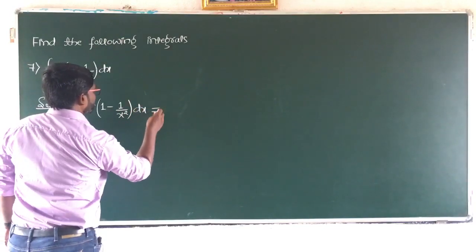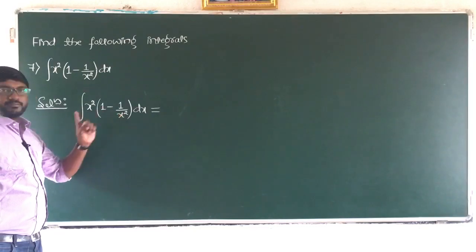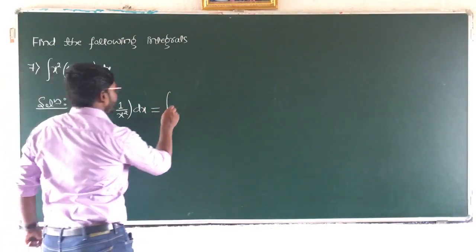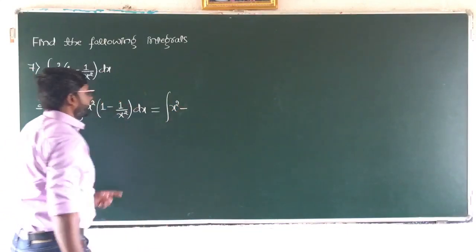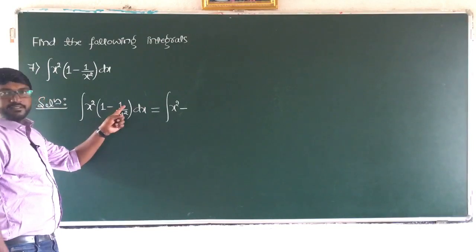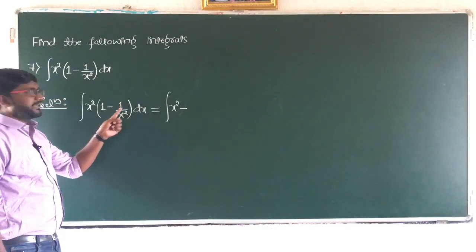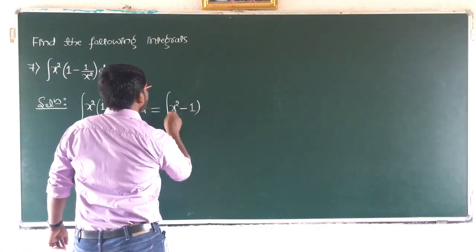Now multiply x square with these two terms. Integral x square into 1 is x square, then minus x square into 1 by x square; x square and x square get cancelled, so we are left with only 1. So x square minus 1 dx.